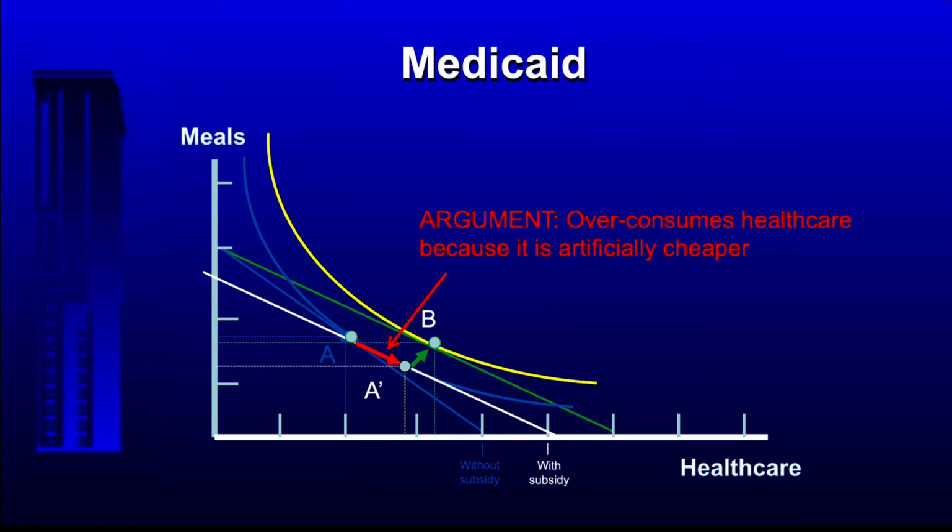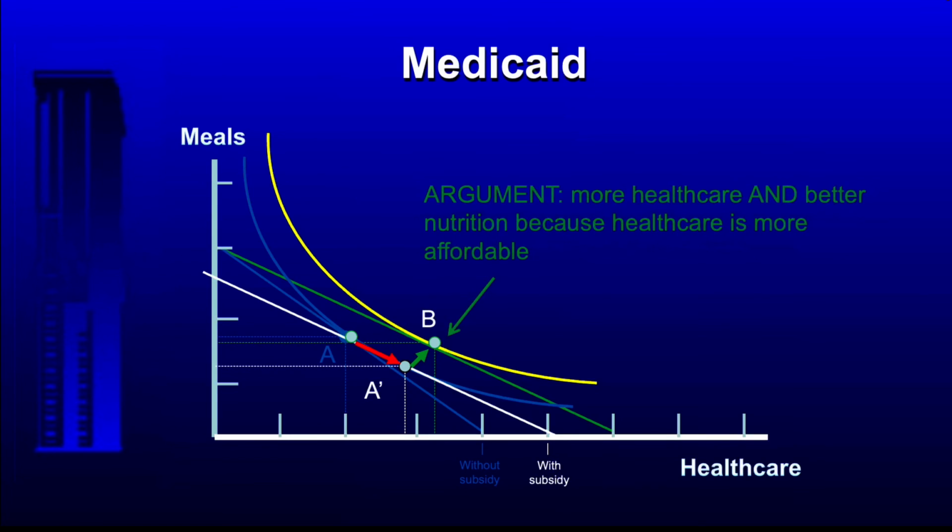But that argument's false. The real goal of a program like Medicaid has to do with the income effect. The fact that because health care now is relatively less expensive, people can afford to consume more meals and health care. In practical terms, what this means is people can afford to consume more health care without having to sacrifice meals.